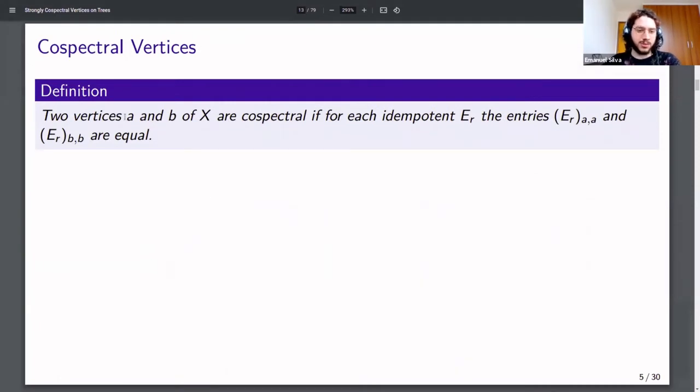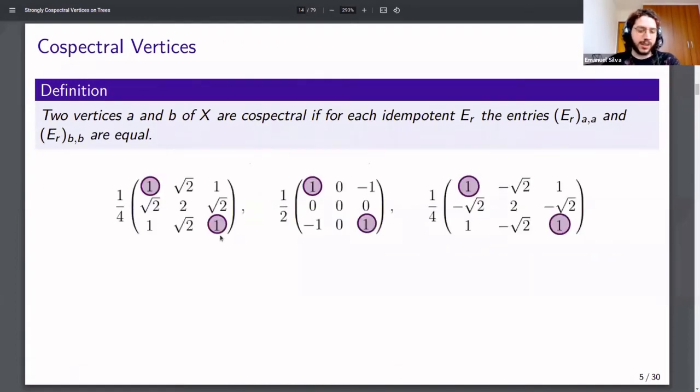Okay, so now let's jump to the cospectral vertices. I say that two vertices a and b are cospectral if the aa entry of each idempotent is equal to the bb entry of the corresponding idempotent. So in this case, for the first and the third vertices, we can see that the aa entry is equal to the bb entry for each of the idempotents.